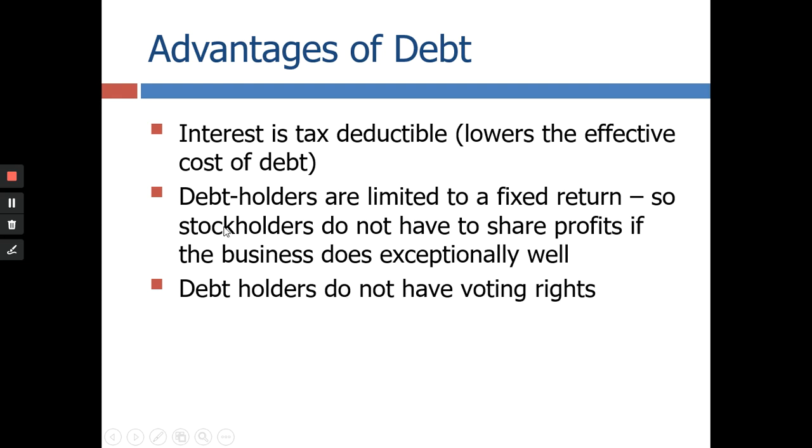That means debt holders cannot control the company. The only power is in the shareholders. So the voting rights are, in a way, used to keep control of the company. So that is the advantages. So let's look at the disadvantages.